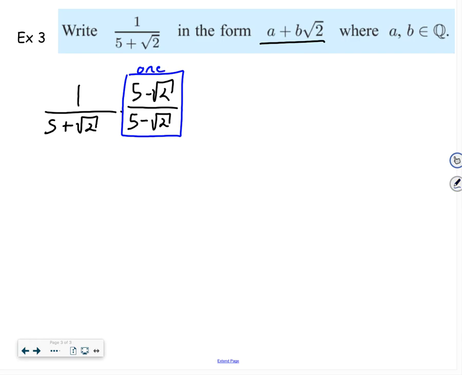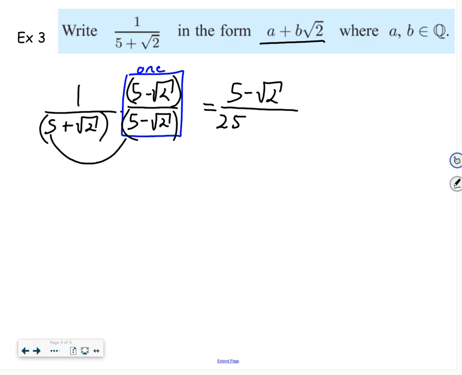As I multiply this out, 1 times this is just going to be itself, 5 minus the square root of 2. So that was easy. The denominator: again, I put in my parentheses to remind myself I've got to double distribute. 5 times 5 is 25. I'm not even going to worry about my middle terms because I know they're going to cancel out, so I'm not even going to write those.